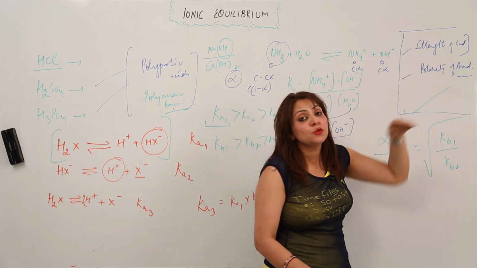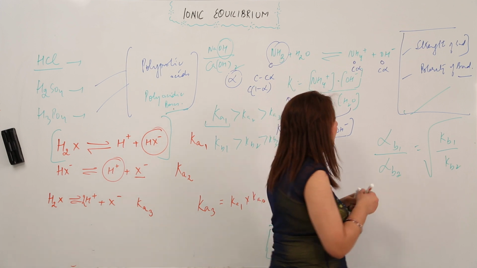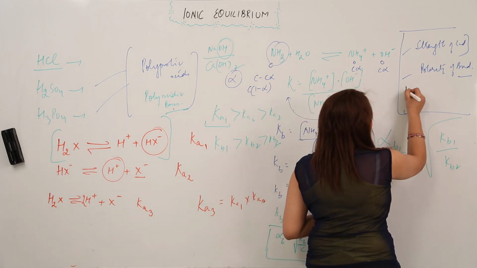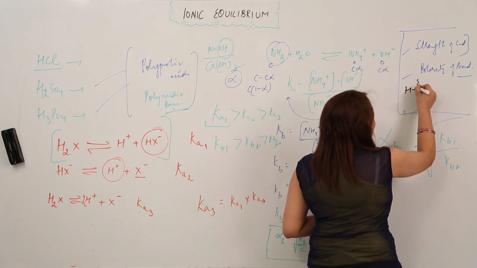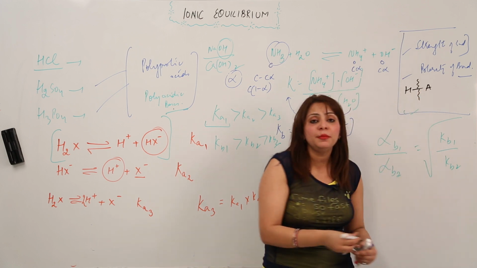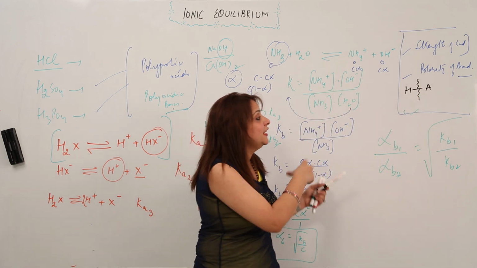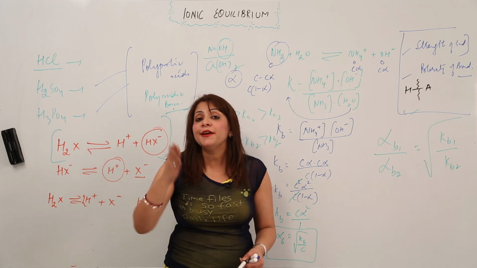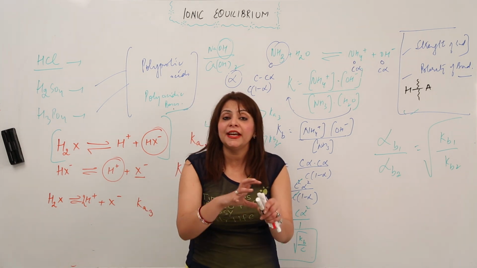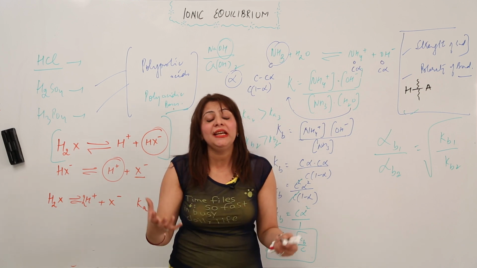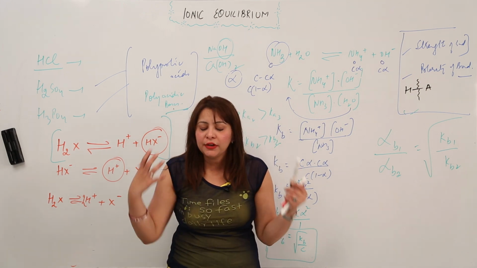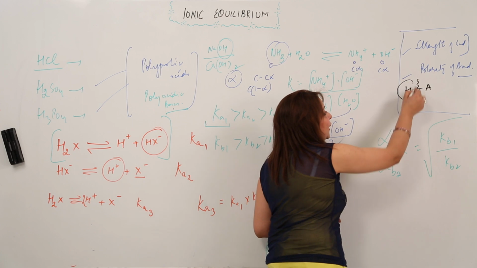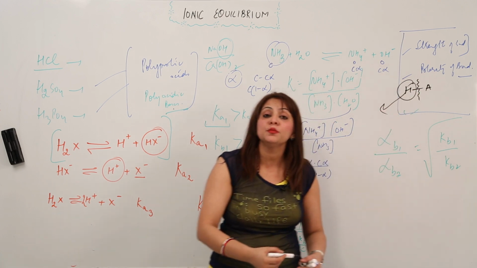Now the question arises, what is the strength of bond? That means suppose I have an acid. So if the force of attraction between these molecules, or you can say these ions, is weaker, that means the strength of the bond is weak. And if the strength of the bond is weak, it can be broken easily, and if it gets broken, then the release of hydrogen ion becomes easier.